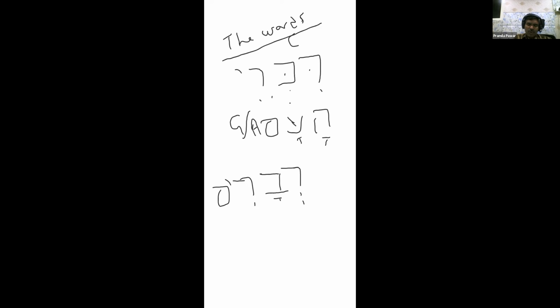Now tell me, what is the construct form of Devarim? Just now we have seen: Divre. Why has this been changed to Divre?